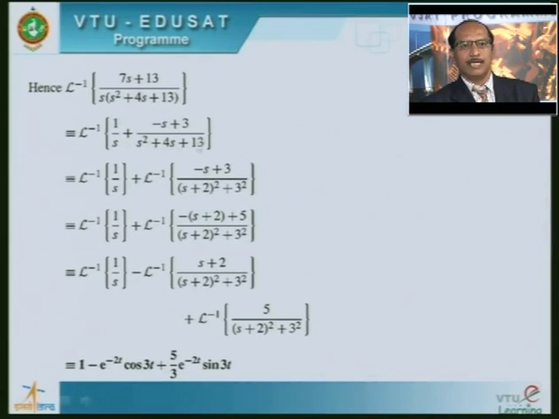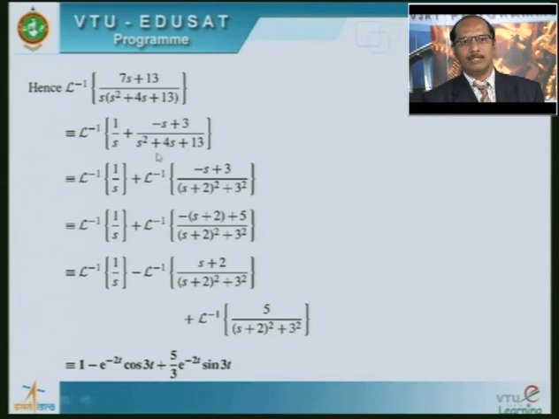Now, while calculating the inverse, the first term is simple here: 1 upon s, its inverse is 1. See the second term, minus s plus 3 divided by a quadratic factor. As per the completing square method, you are always able to complete the square for the quadratic term.